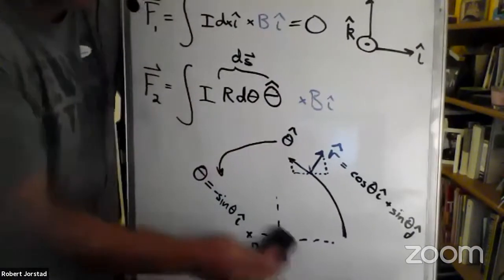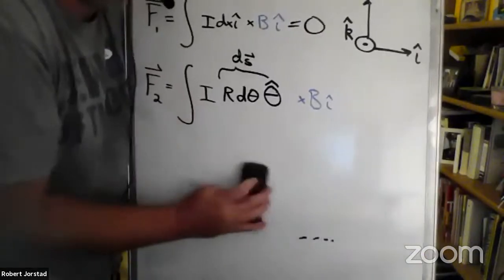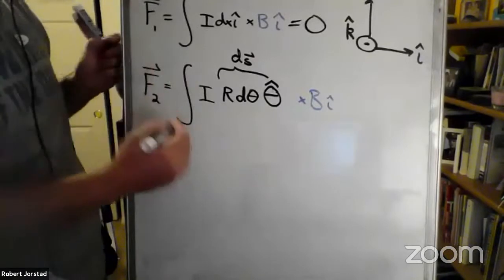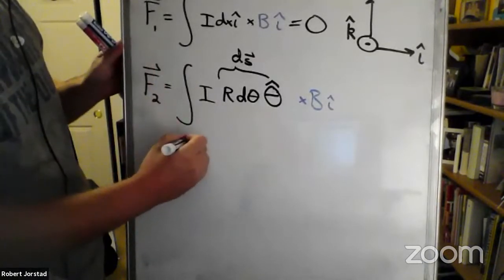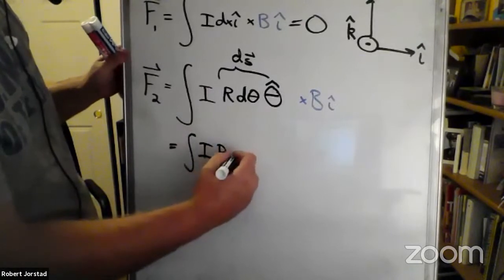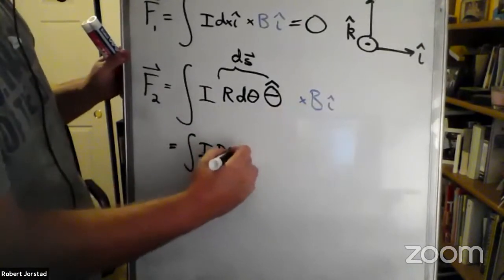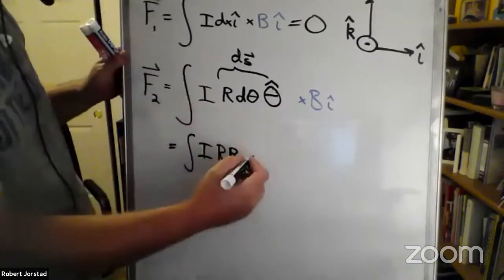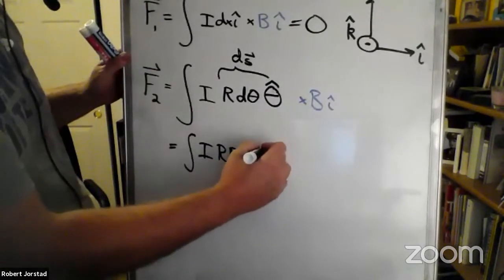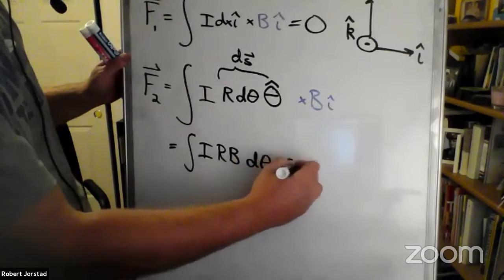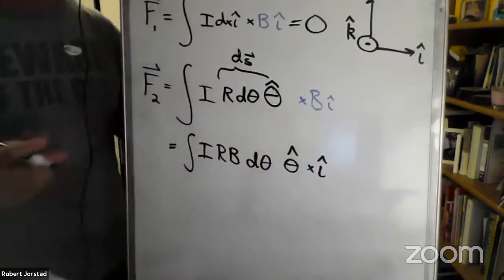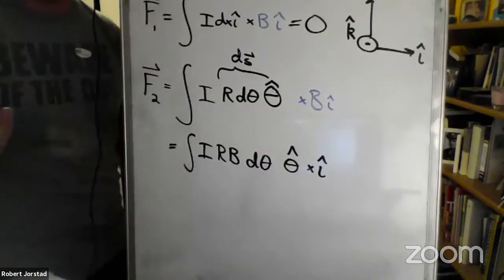All right. You guys are going to laugh when this problem is done, by the way. So I'm going to plug all this in. B is a constant. I can pull that out. And then I get... what did I say you always have to do before the integral?